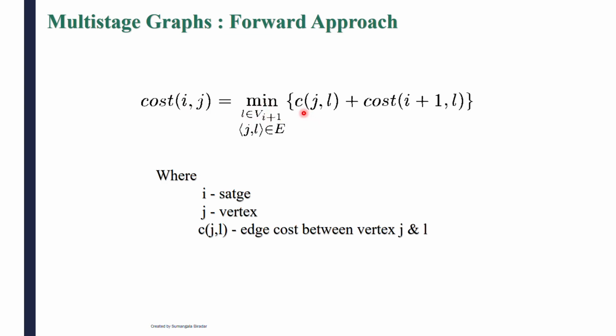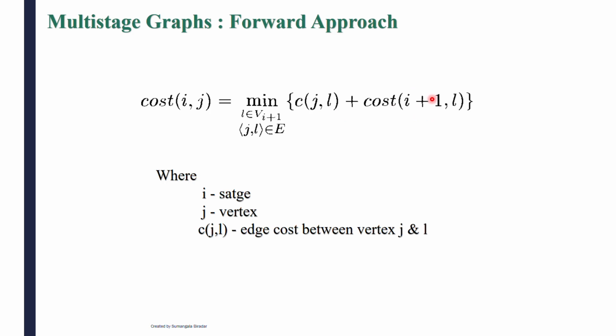Min of C j comma L. J is a vertex, and L is also a vertex, and the edge cost which connects these two vertices is found as C of j comma L, plus cost of I plus 1, where I is the stage.